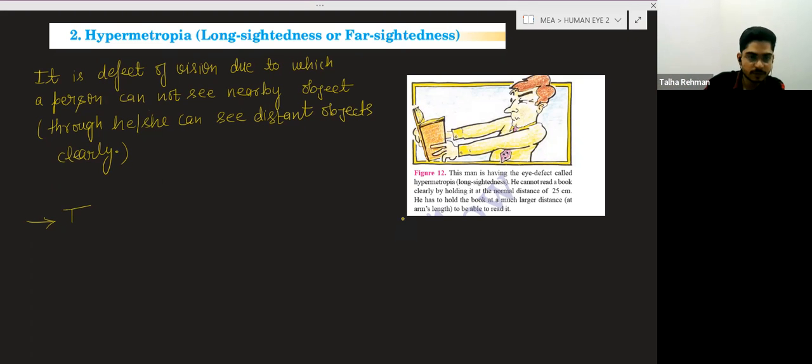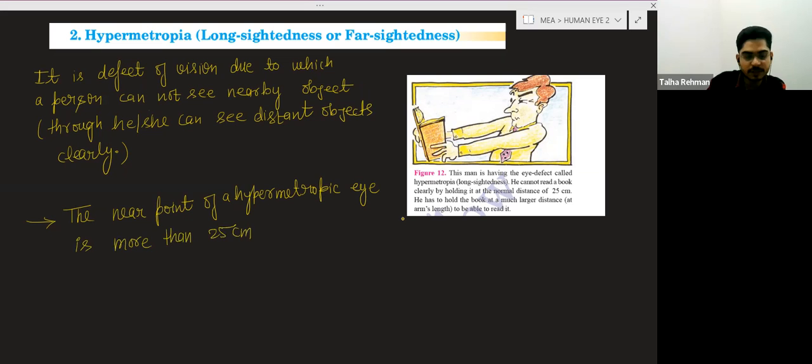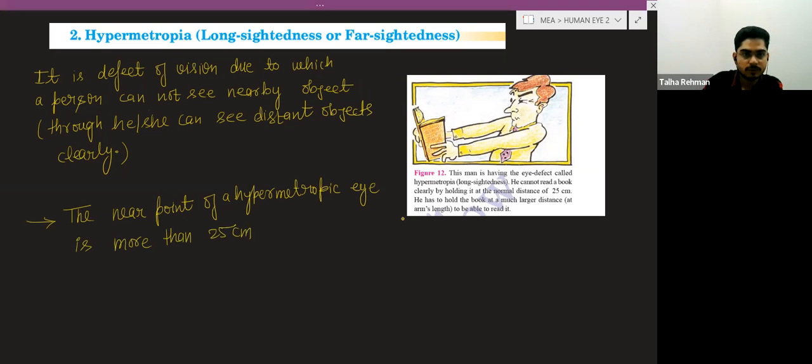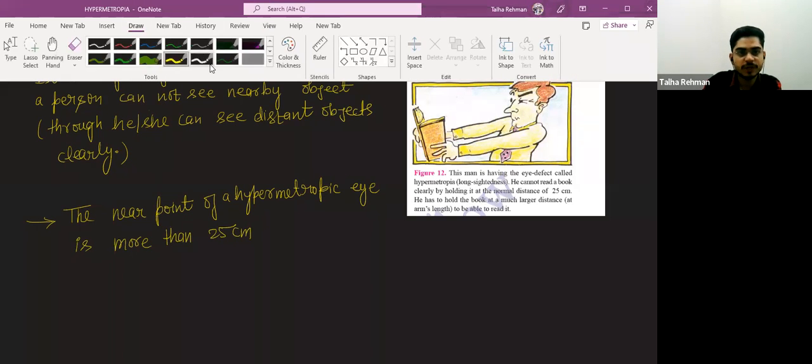So the near point of a hypermetropic eye is more than 25 centimeter.